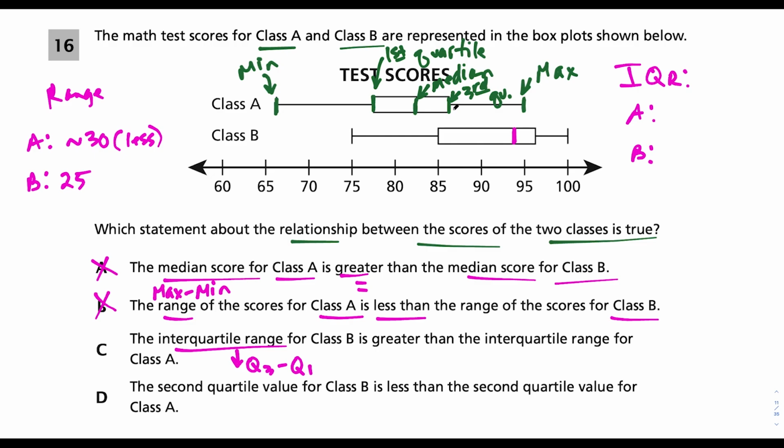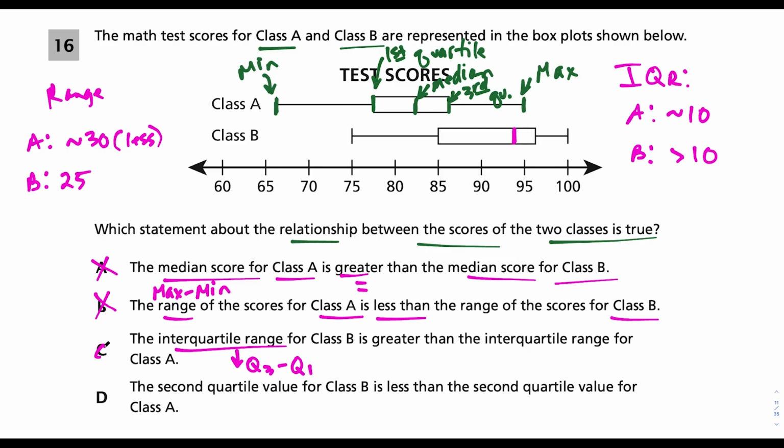And here we're almost at 87, so I would say almost 10. And then if we look at B, the box goes from 85 to more than 95. So this one, almost 10, this is clearly greater than 10. So B would have a greater interquartile range. So the interquartile range for B is greater than the interquartile range for A.